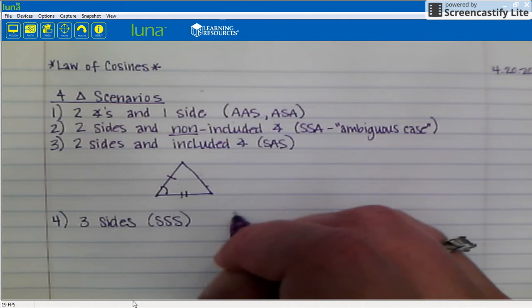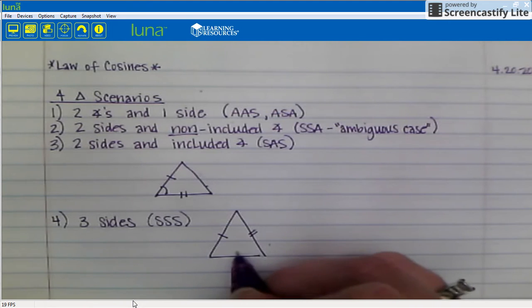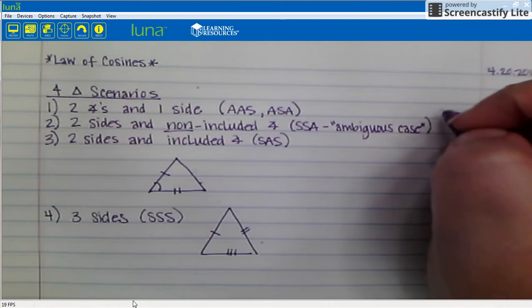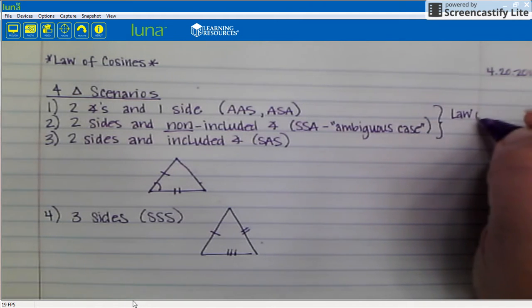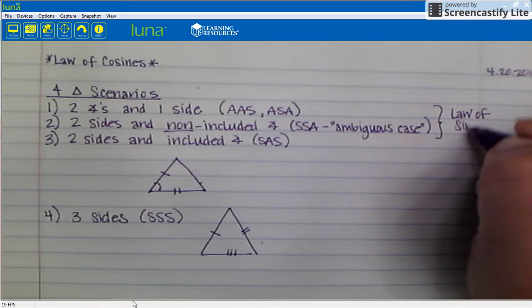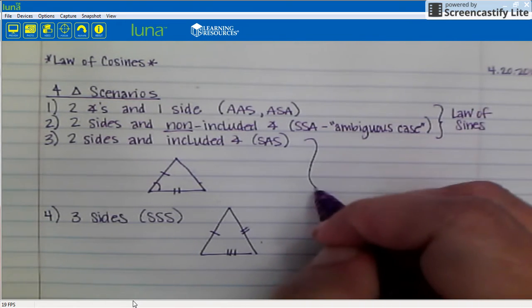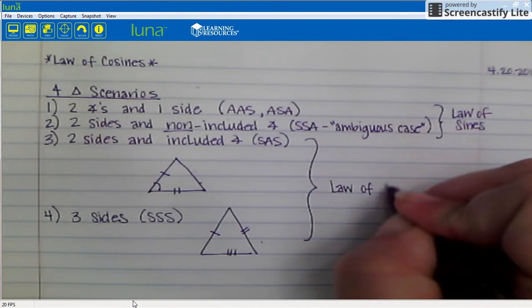And that would look like this. So for the first 2 cases, we use the law of sines. For the last 2 cases, we use the law of cosines.